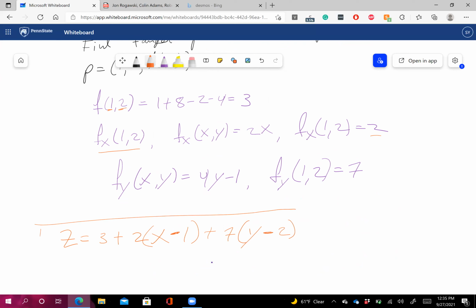And then we can simplify this, or we can leave it like that. And this is our tangent plane at the point (1, 2) for our function f. Any questions about this?